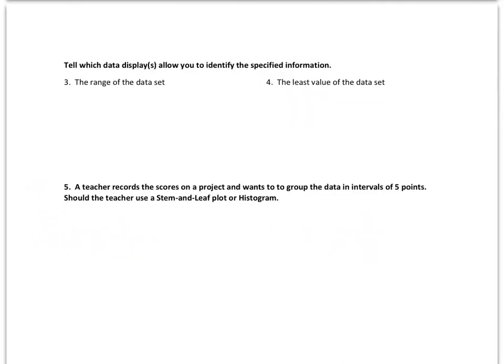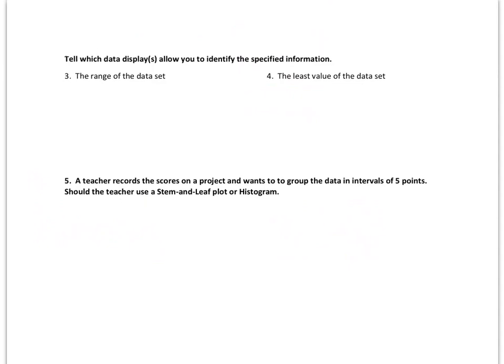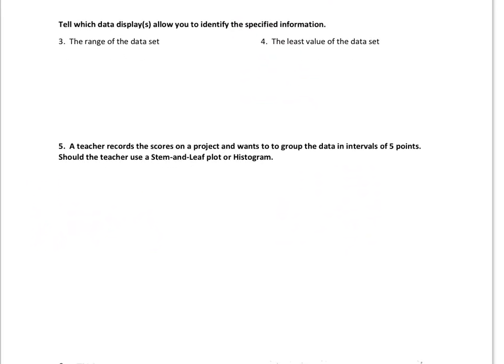All right. So tell which data displays allow you to identify the specified information. The range of the data set. So what would allow us to specify the range? Well, I think the biggest two would be box and whisker plot, because doesn't that give us the max and the min?